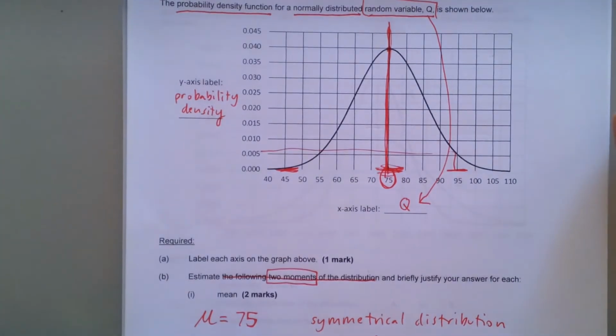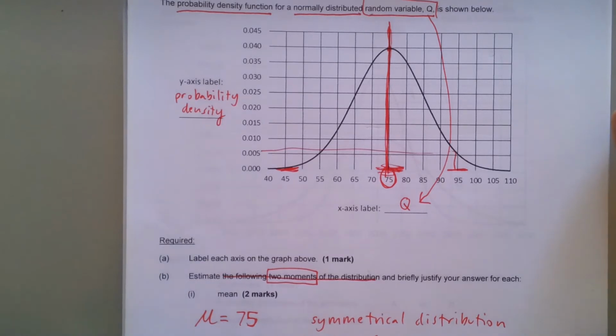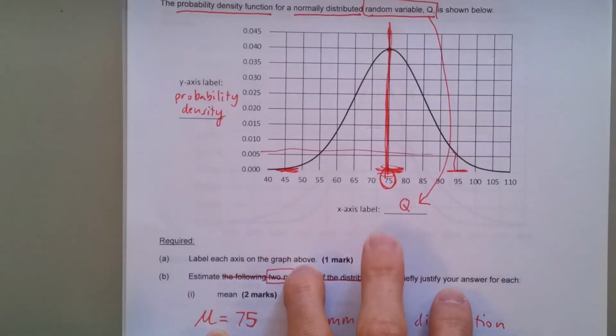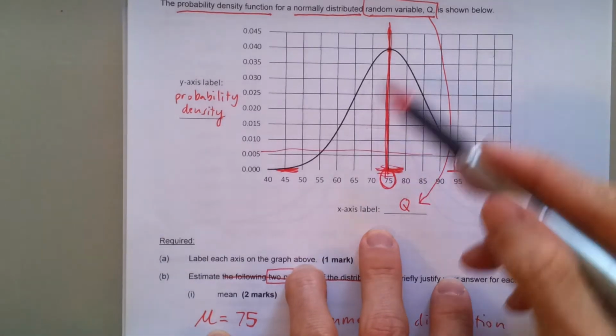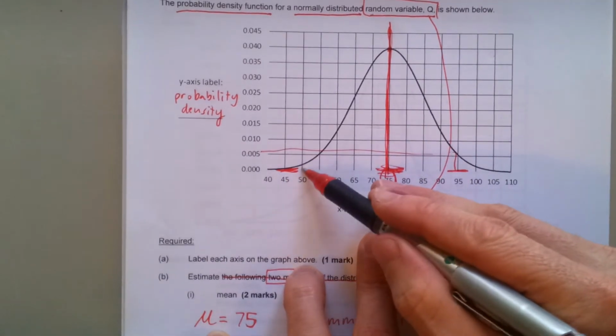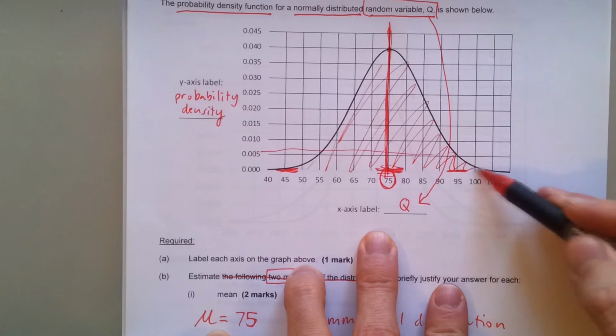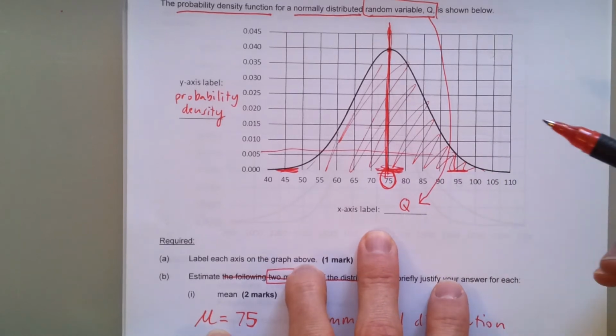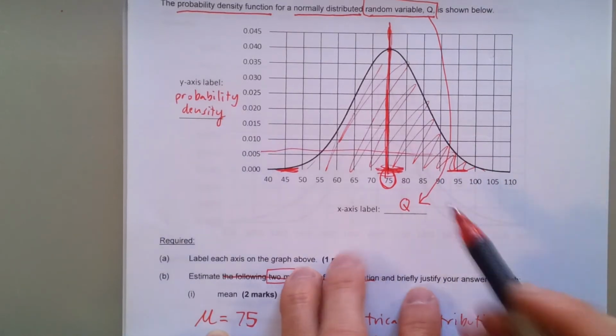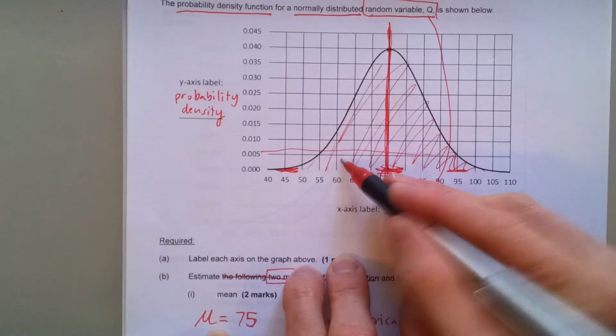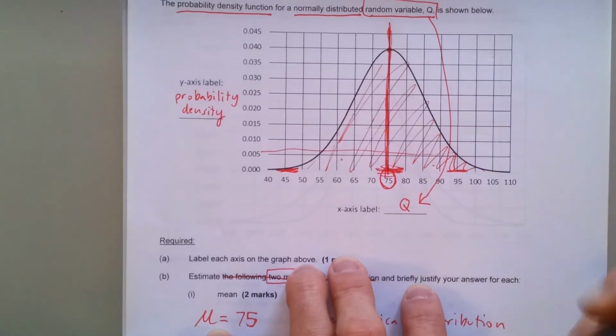And the median will be the value which is exactly in the middle when all the observations are listed in ascending order. So when you're looking at a PDF, remember that the area underneath it will always equal 1. So the median will be the value which has 0.5 on one side of it and 0.5 of the area on the other side.